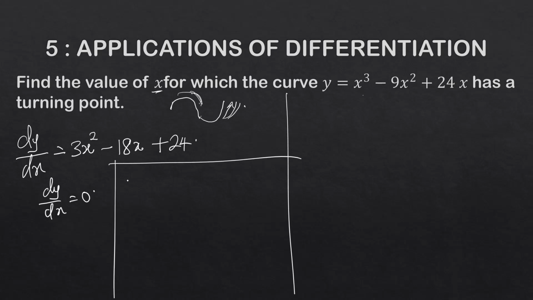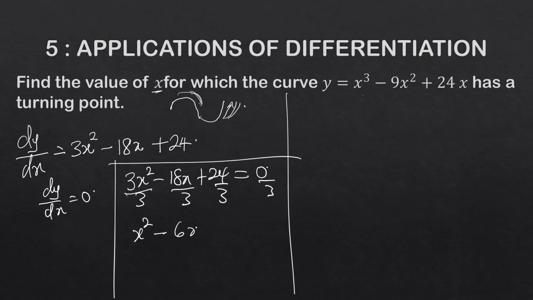Therefore, I'm going to have 3x squared minus 18x plus 24 equal to 0. Now I have to factorize, but let me break them down, because they all can be divided by 3, so that I can be working with smaller factors. I have x squared minus 6x plus 8 equal to 0.